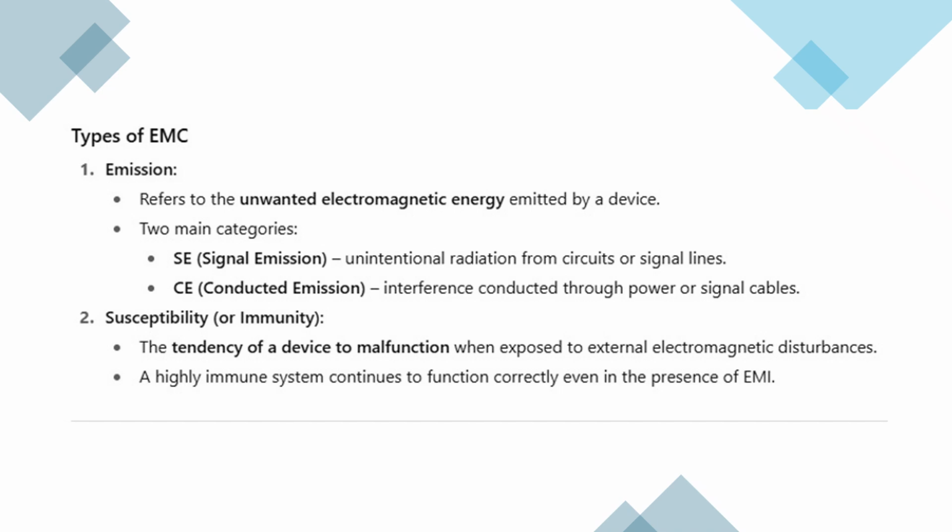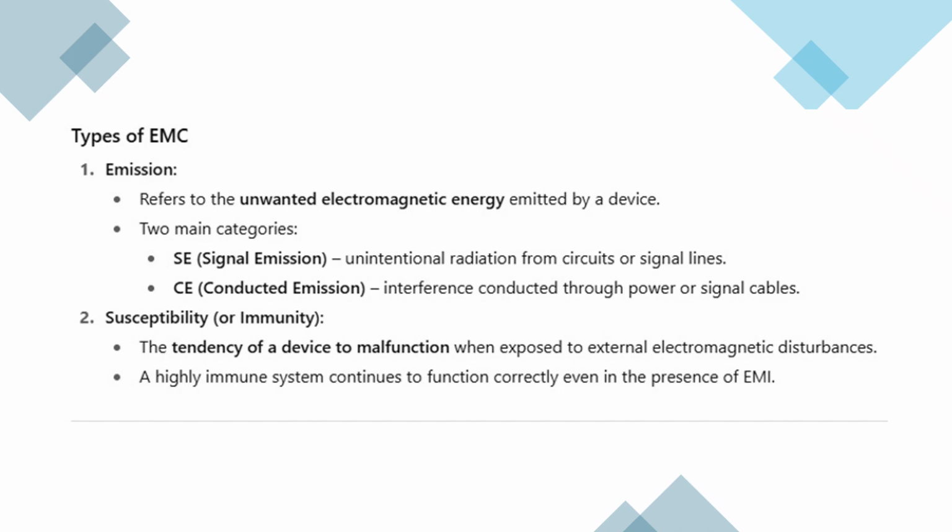Then susceptibility, that is immunity, the tendency of a device to malfunction when exposed to external electromagnetic disturbance. How much your device can malfunction, that is susceptibility. A highly immune system continues to function correctly even in the presence of EMI.